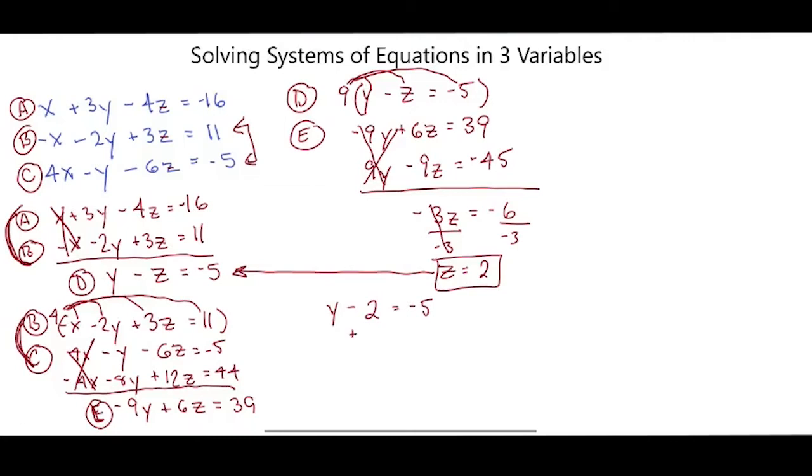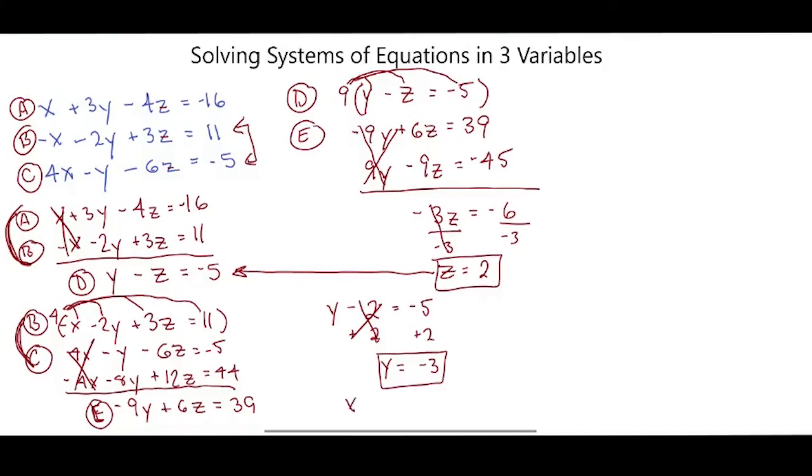So now I add 2, those cancel, and y is negative 3. So now I have the value of y and z. So I need to find x.